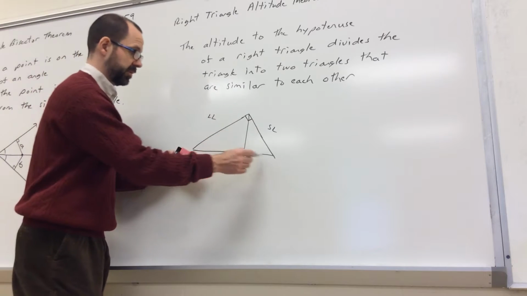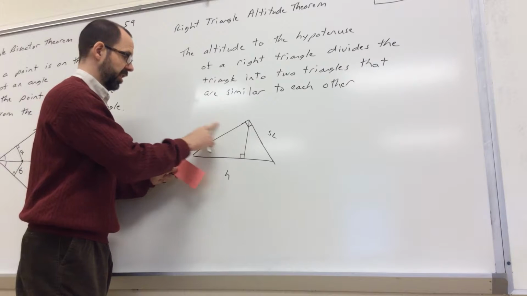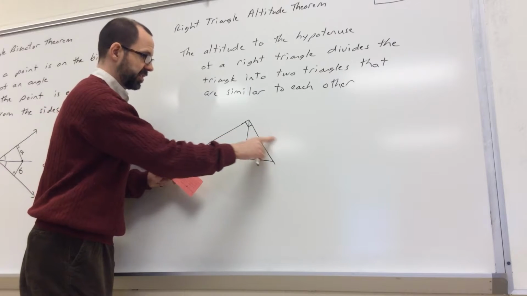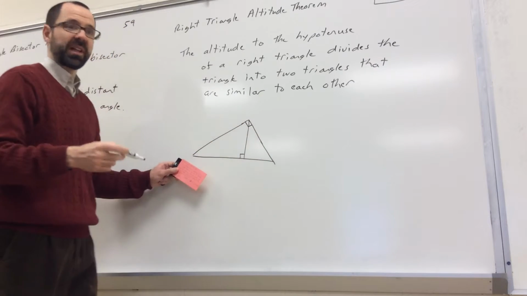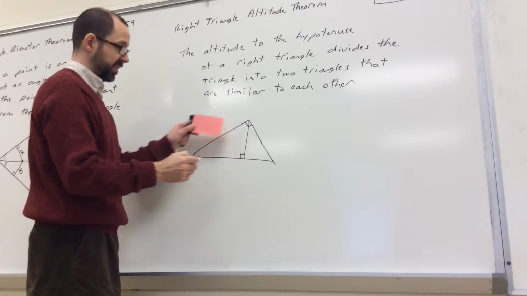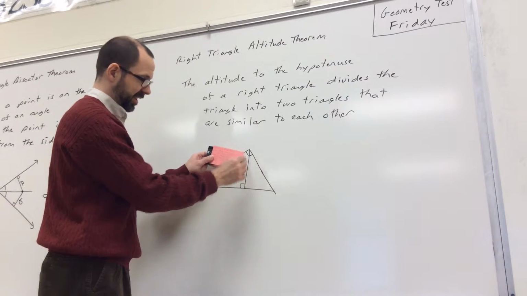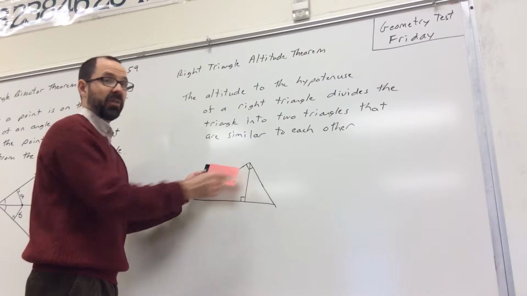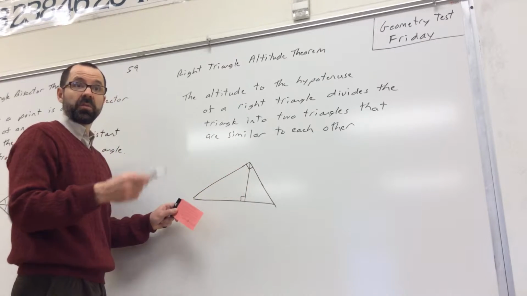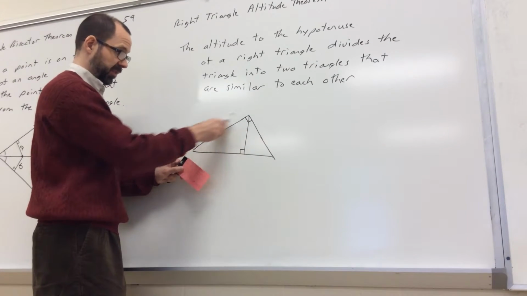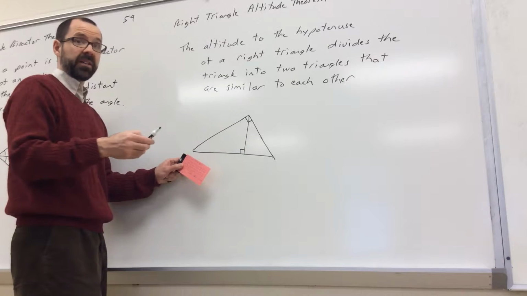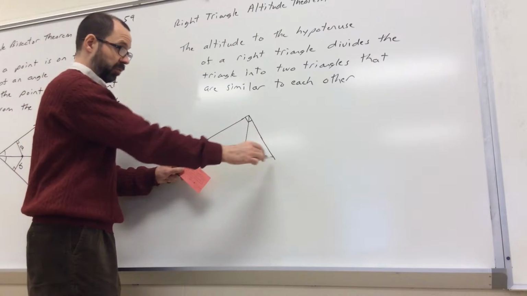So this triangle is a mini version of the larger triangle. Now I can't really call this the short leg anymore. It's the short leg of the largest triangle, but then it's the hypotenuse of this triangle. So that's why I got rid of the labels. So the theorem is saying that this triangle is similar to that triangle. And it's also similar to the original triangle.